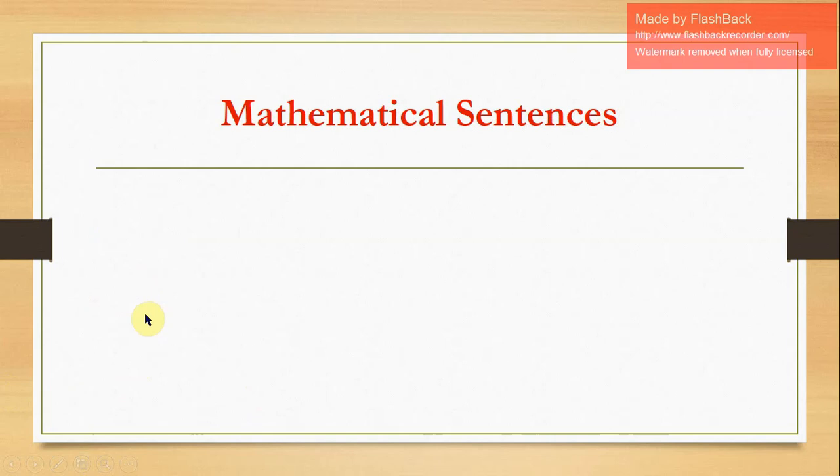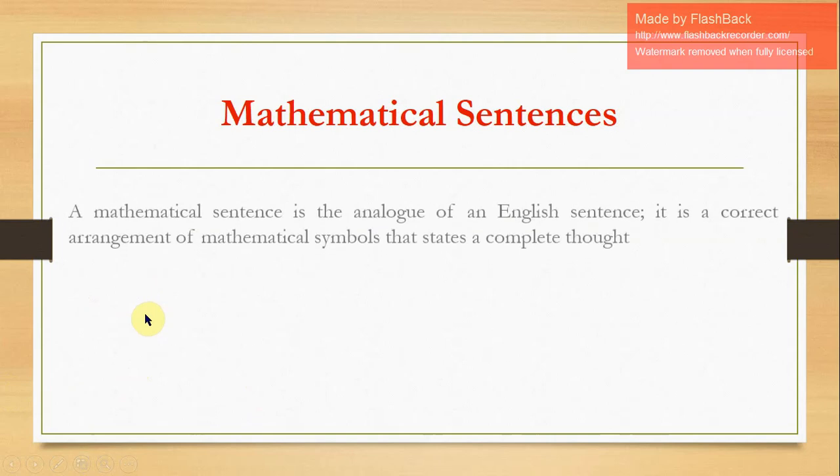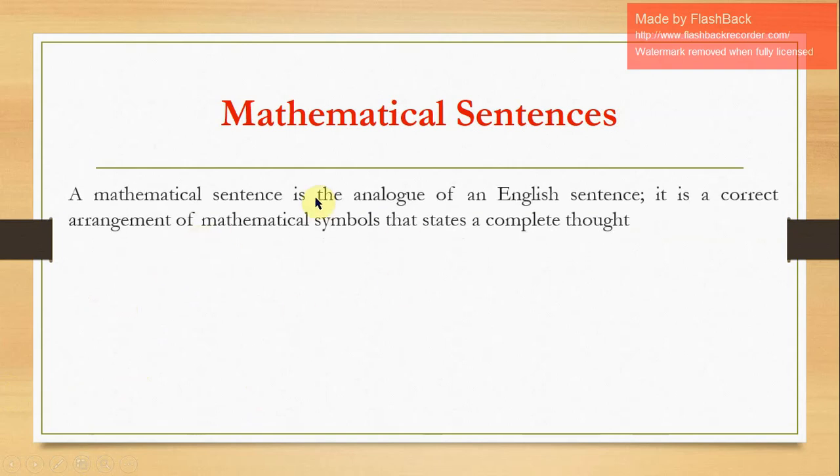Let's proceed to mathematical sentence. So, what is a mathematical sentence? A mathematical sentence is the analog of an English sentence. It is a correct arrangement, take note of this, a correct arrangement of mathematical symbols that states a complete thought.